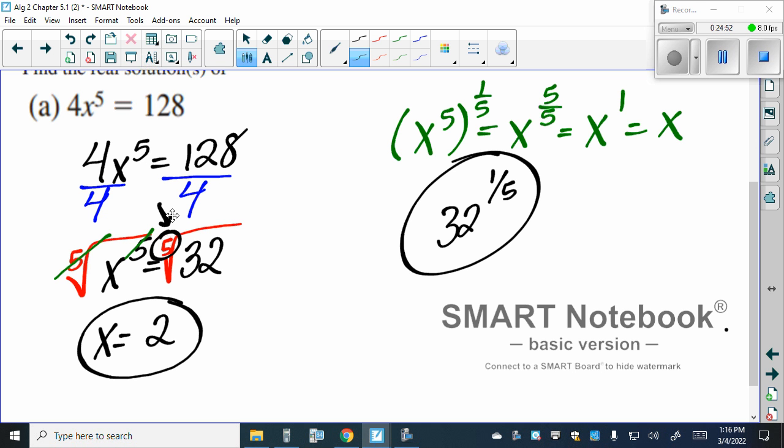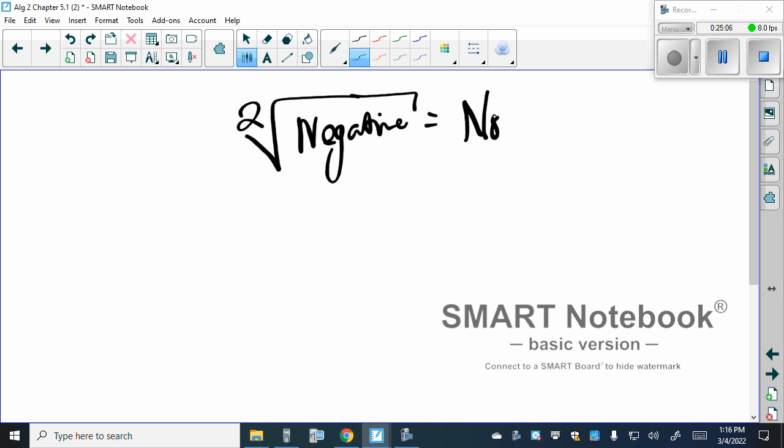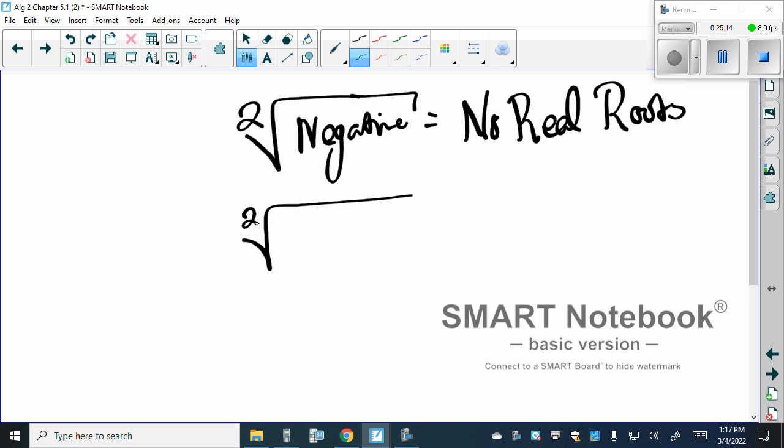If it's an even root, so 2, 4, 6, 8, and what's inside is negative, we have no real roots. The square root of 0 is 0.